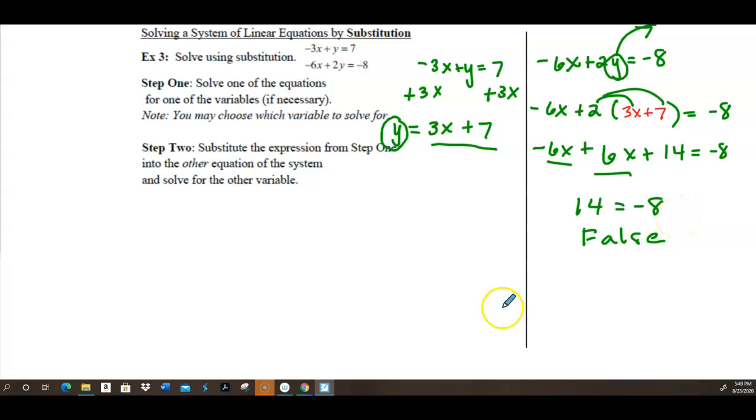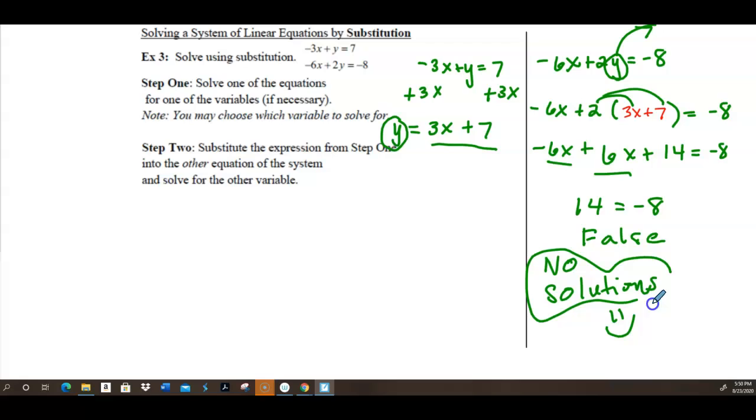But because it's not true, the answer to this problem is no, spelled that wrong. Erase, erase, erase, erase. All right, back to the word solutions. No solutions. Ta-da! And maybe just no solution. I don't even need that S there.